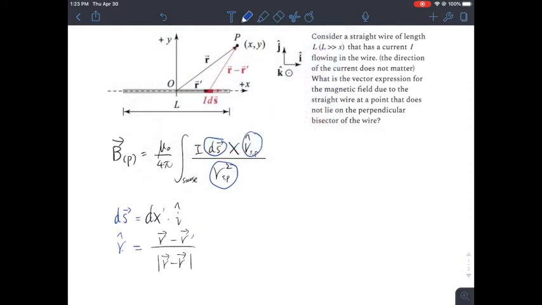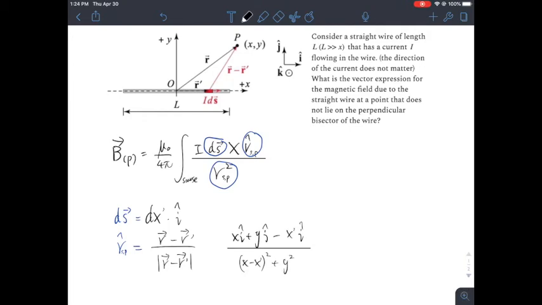That will be the vector divided by its magnitude, as we see above. Then how do we express this in terms of x, y and x prime? We know the vector r is equal to x times i hat plus y times j hat. Then the r prime vector will be equal to x prime times i hat.